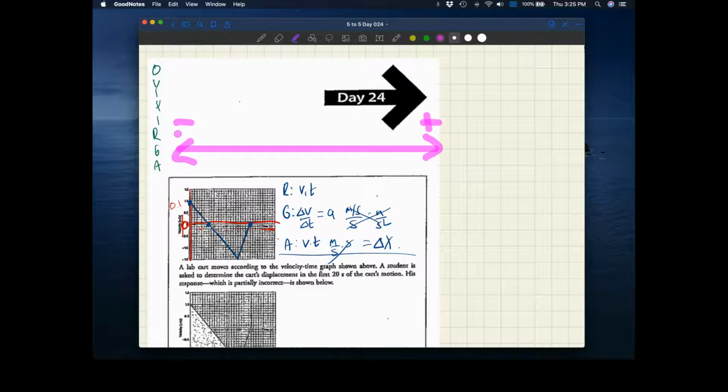We don't really know where the thing is starting, but we do know that it starts quickly, and it's headed, since it has a negative slope, positive velocities, we know that it's headed in the positive direction, and that it's slowing down.